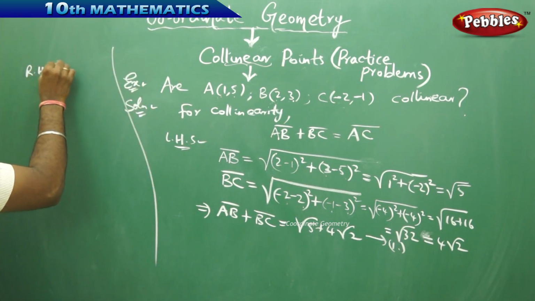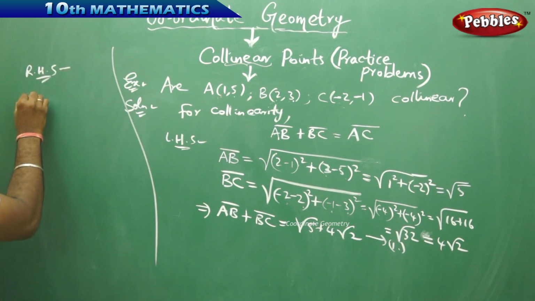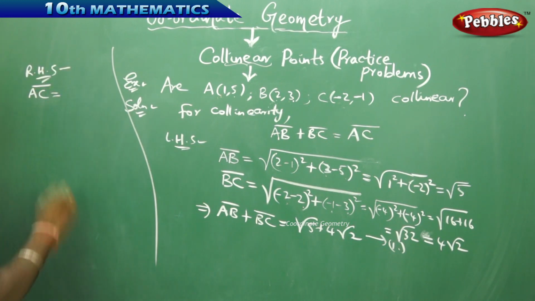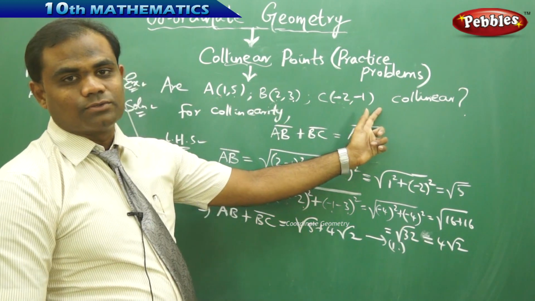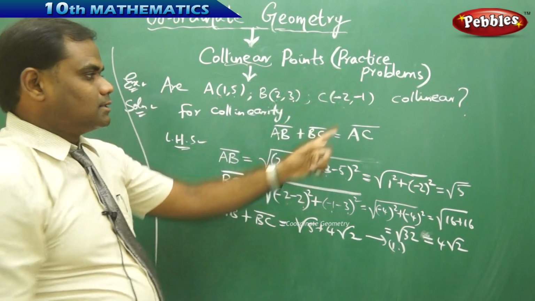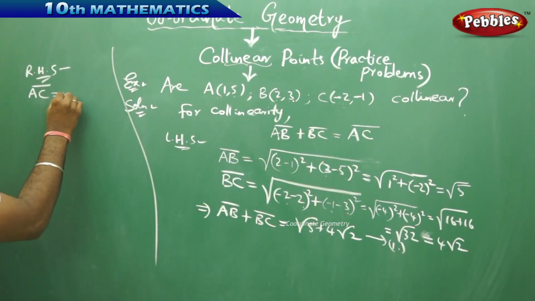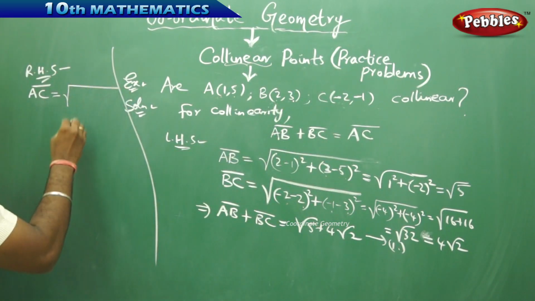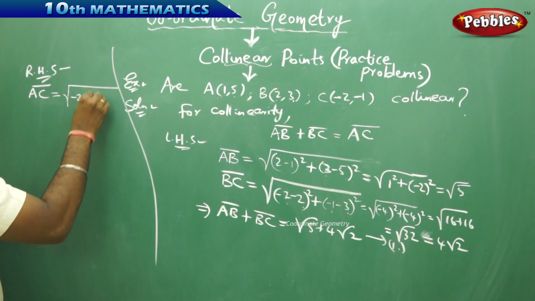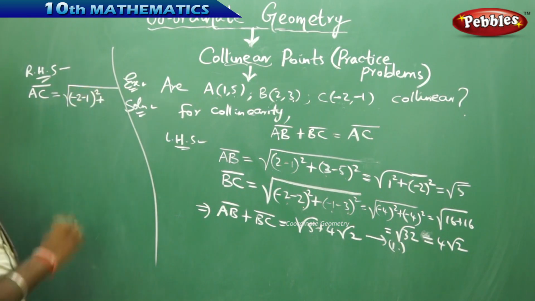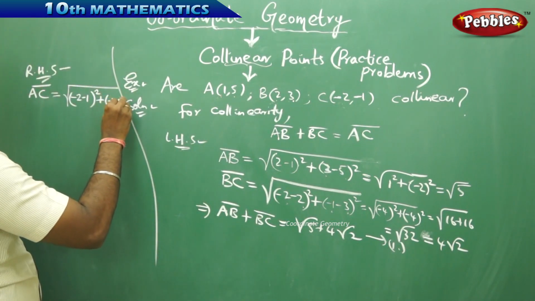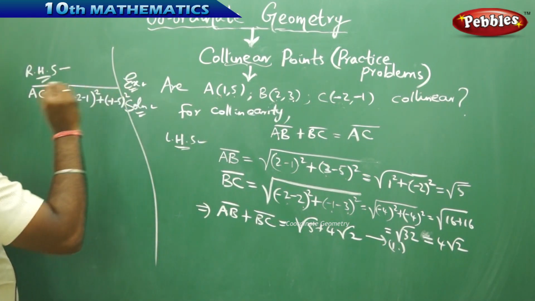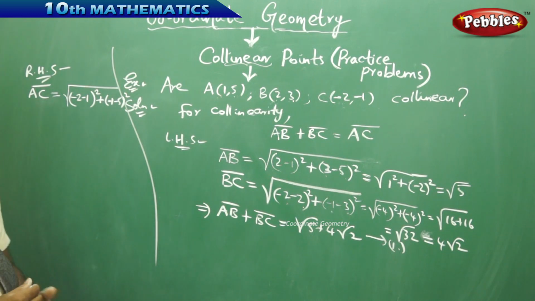My right hand side, which is AC, is calculated by taking this as x1 y1 and this as x2 y2 between A and C. Therefore, using the distance formula, I get here root of (x2 minus x1) whole square plus (y2 minus y1) whole square is what I get in simplification.